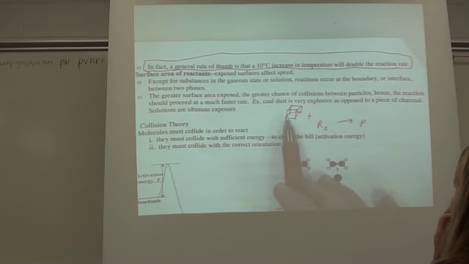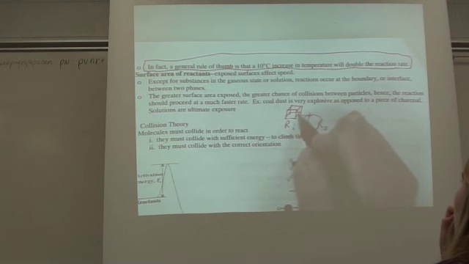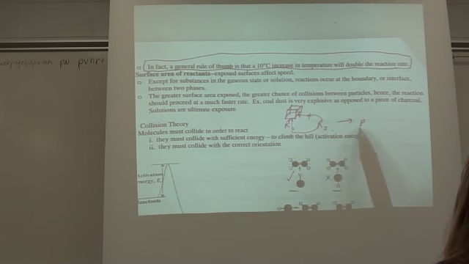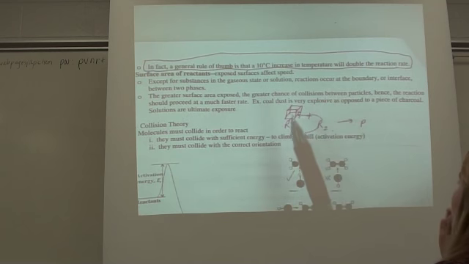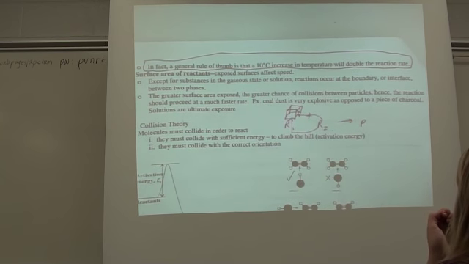If it has a small surface area, that means it's a big piece. There are very few surfaces that R2 can attack or collide with in order to make a product. If you were to increase the surface area, make the particles smaller, there would be more places for R2 to collide with R1.